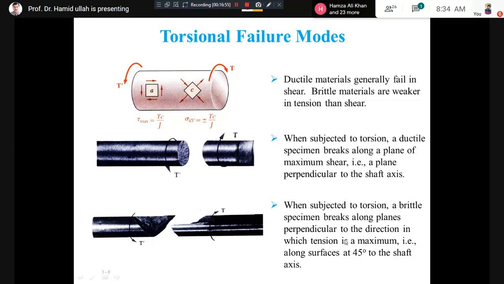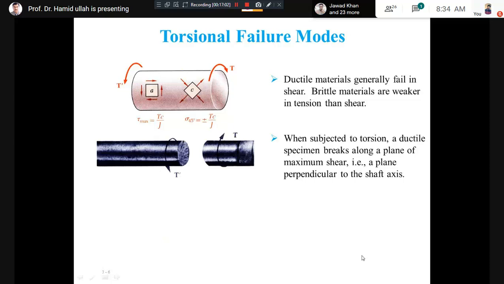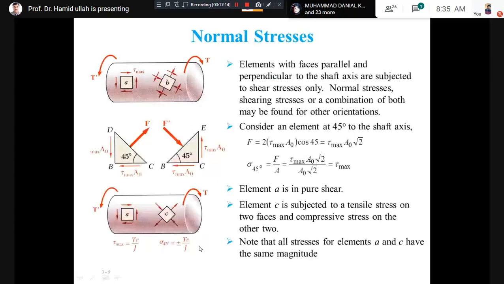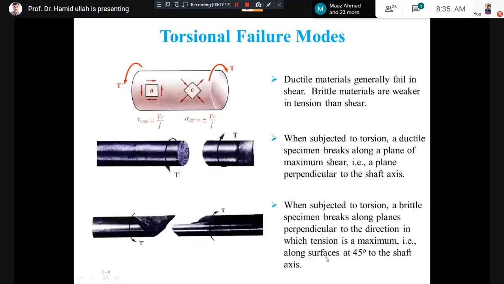On the previous slide we have seen that whether it is tensile or compressive, it happens at 45 degrees. So in this case, along surfaces at 45 degrees to the shaft axis.